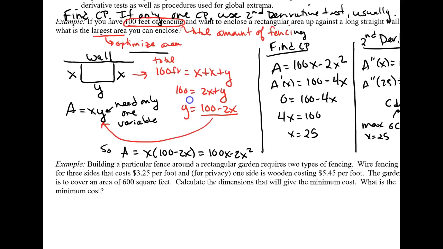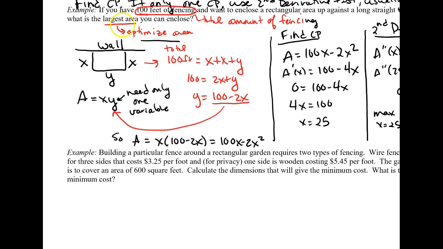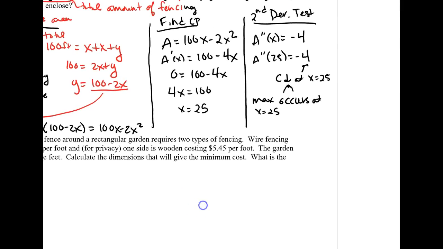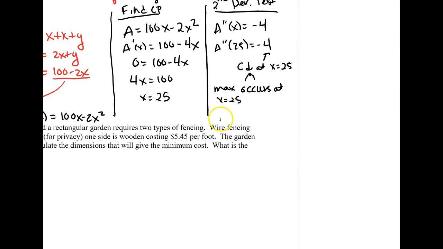But be careful, back in the original problem it asked what was the largest area. So I don't want to know what x is, I want to know what A is. So back over here, what's the area at 25? It'd be 100 times 25 minus 2 times 25 squared.